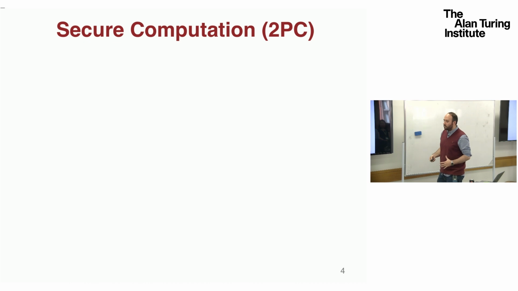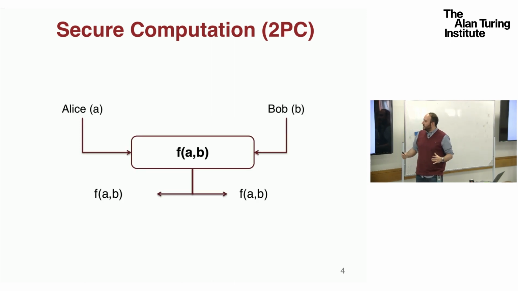So for those of you who have a background in security, cryptography, and privacy, this resembles a well-known concept known as secure computation. Okay, you might find it defined as secure multi-party computation, secure two-party computation, 2PC, SMC, and so on and so forth. But at the end of the day, the idea is very simple.